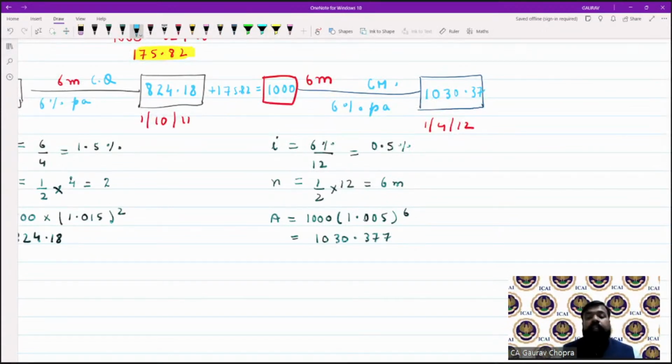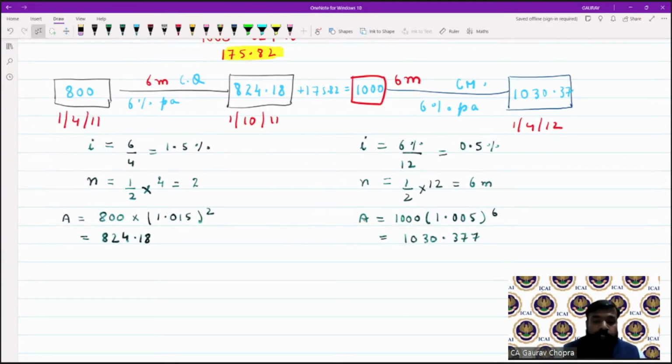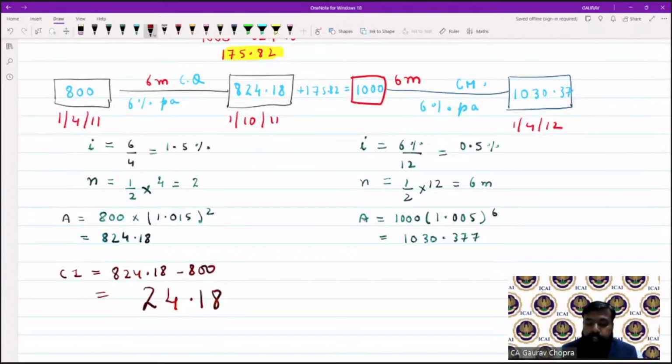And the third requirement is how much total interest he has earned. If we see the first 6 months, then we can calculate the interest as 824.18 minus 800, that was 24.18. In the next 6 months, again it is 1030.37 minus 1000. So he has earned 30.37.